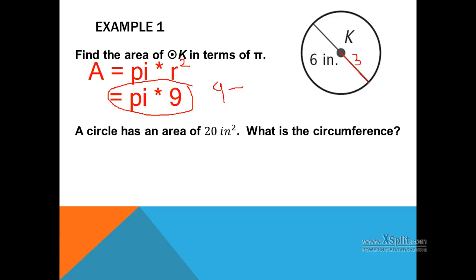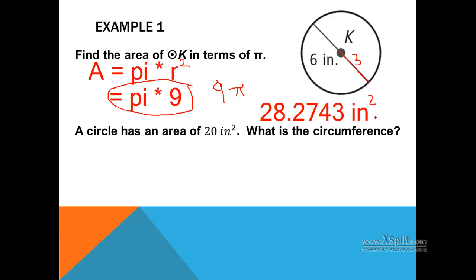All right? Area is really just 9 pi. If you want to put that in your calculator, type in 9 times pi, which is 9 times 3.141592, etc. Hit the enter button, and you should get a decimal as well. If you don't write it in terms of pi, that's approximately 28.2743 inches squared.